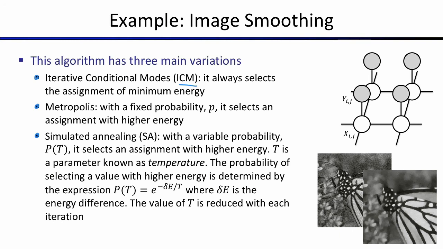So usually we use this expression here, and T is a value that starts large and is reduced over time, and this delta E is the difference of energy between the 2 images, the one that I had previously and the one that I have just computed.